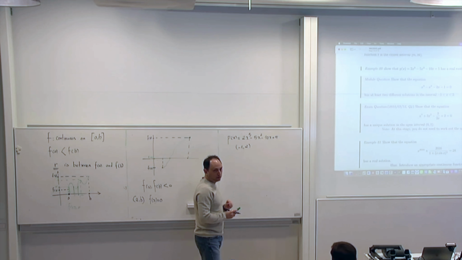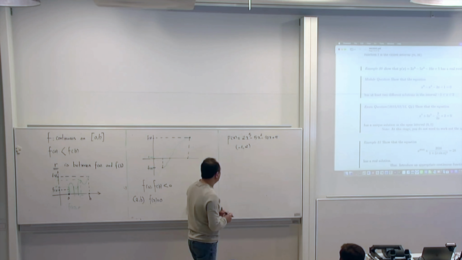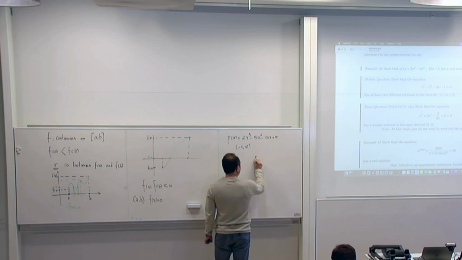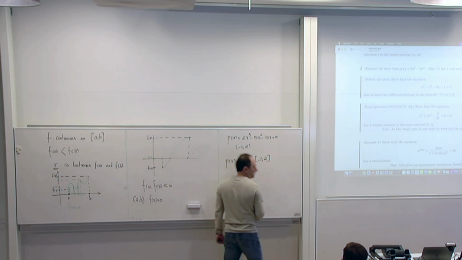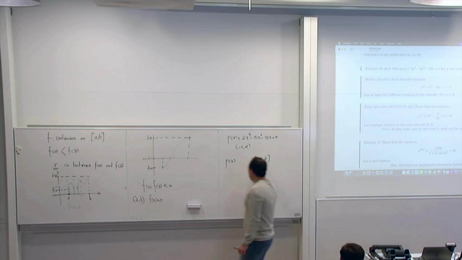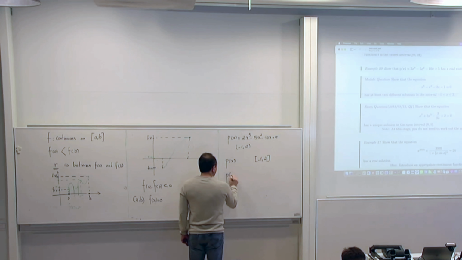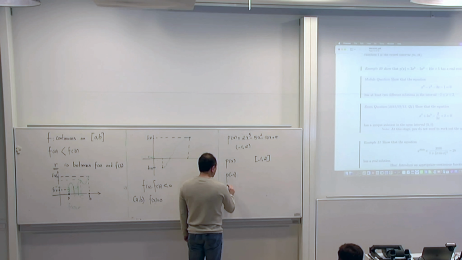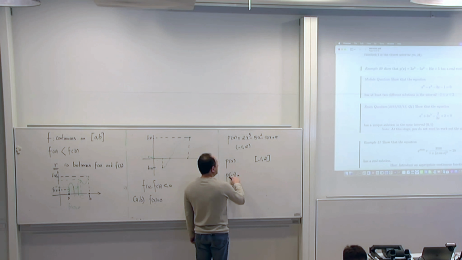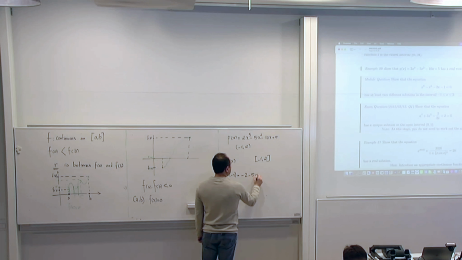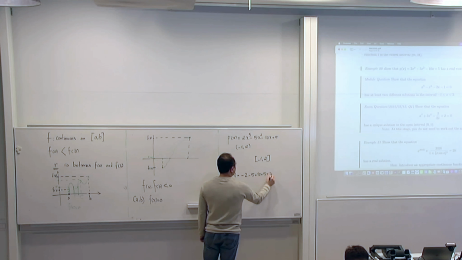Okay, so how should I solve the problem? I consider the function p of x. I consider the closed interval from -1 to 2. Now I calculate p of -1, the endpoint, and I calculate p of 2. So p of -1 is clear. I put -1 here, so it becomes -2, -5, plus 10, plus 5, so it becomes 8.